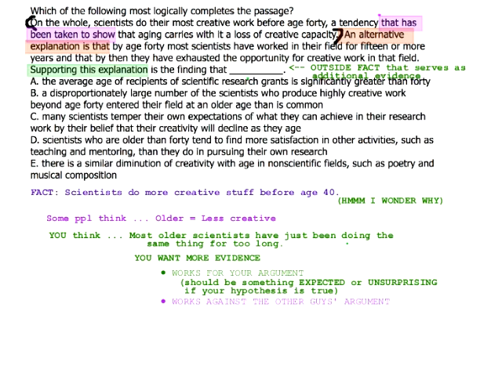On the other hand, it should be something that can't really happen if old equals less creative is a thing. Okay, so let's take a look. Choice A says the average age of recipients of research grants is greater than 40.